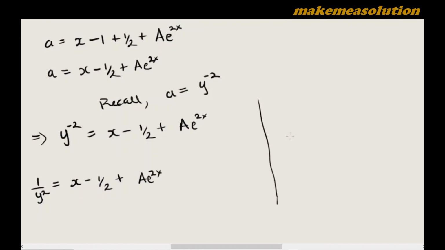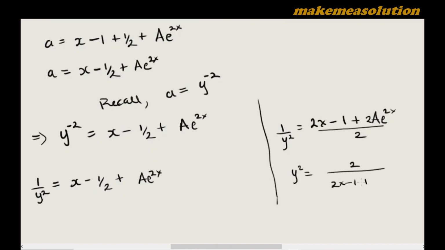Another person can leave his answer in this way, that 1 over y squared is equal to, I'll use the LCM to simplify, giving me 2x minus 1 plus 2a exponential 2x over 2. So if you take the reciprocal of both sides, y squared is equal to 2 over 2x minus 1 plus, let me call this one k exponential 2x, where k is equal to 2a.